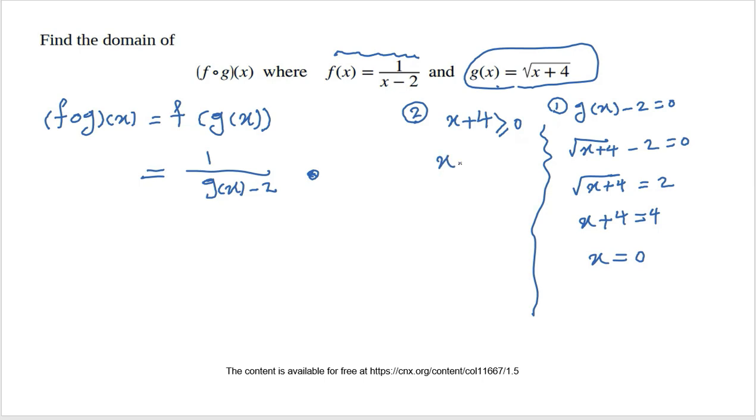And for this one, x is greater than or equal to negative 4. So the domain is all numbers greater than or equal to negative 4 except 0. We can write it as negative 4 to 0 union 0 to infinity. So 0 is not included.